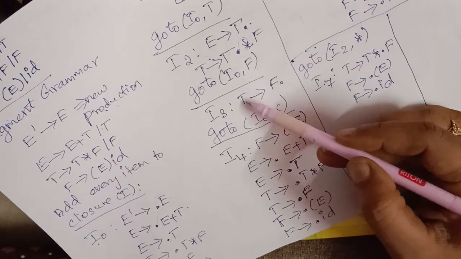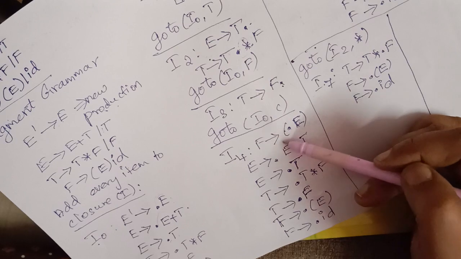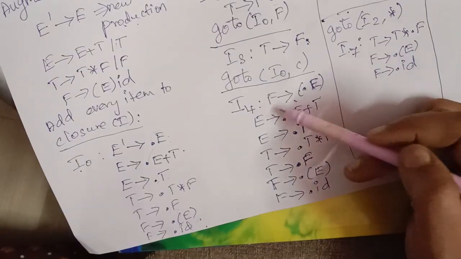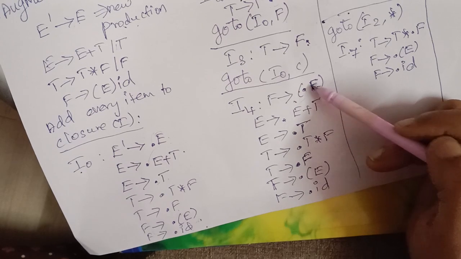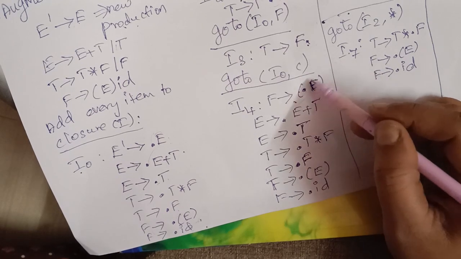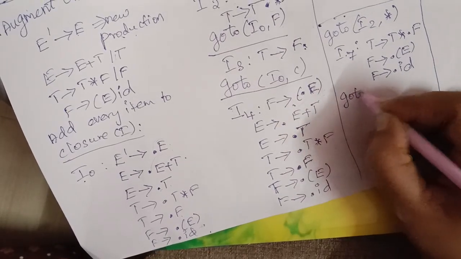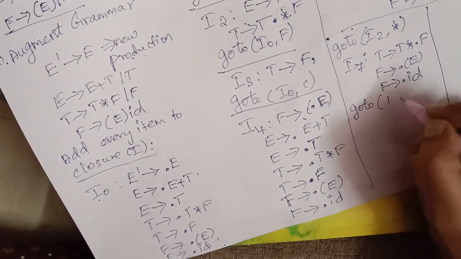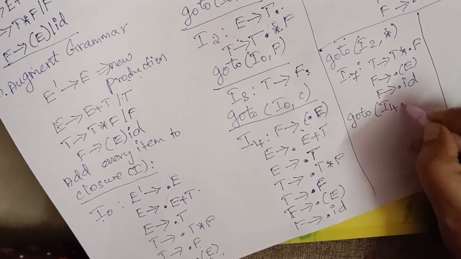In I3 the dot is already at the end, so no need to do anything. Then go for I4. In I4, F tends to open parenthesis dot E. Now this dot needs to be moved, so apply the goto function, goto I4 comma E, because the dot needs to be moved after E.